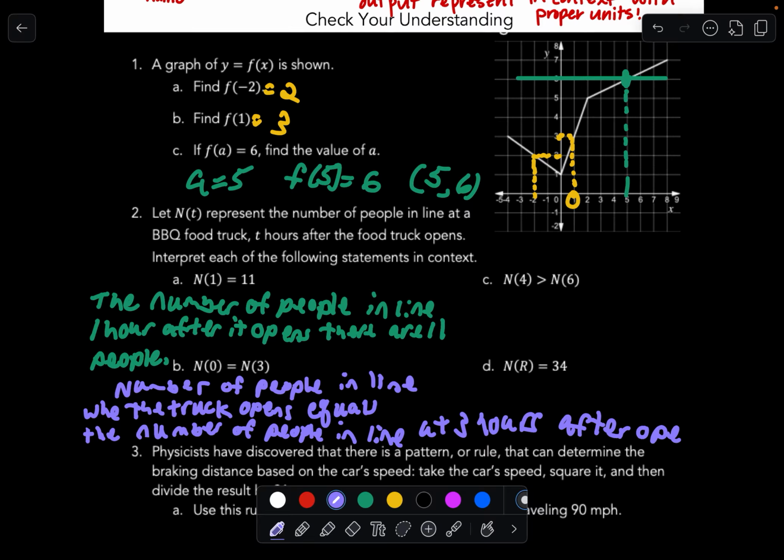Sorry, I had to go into the other side. Okay, C, n of 4 is greater than n of 6.